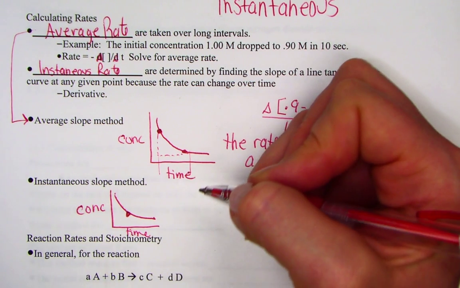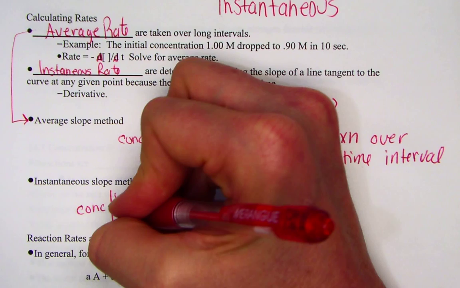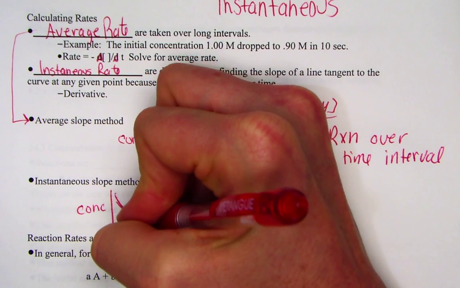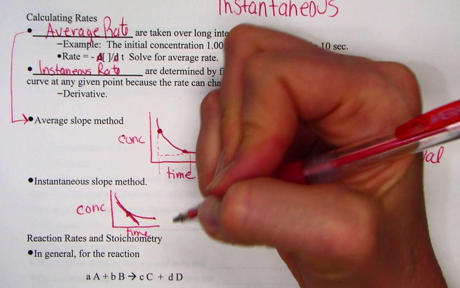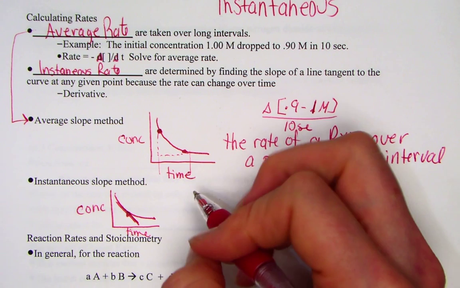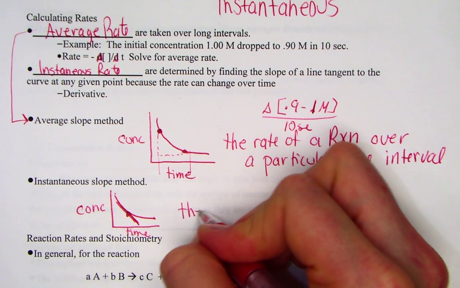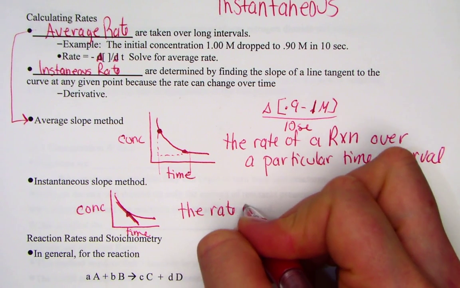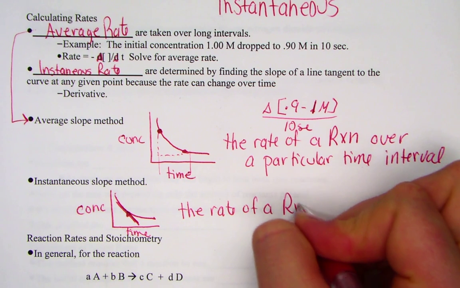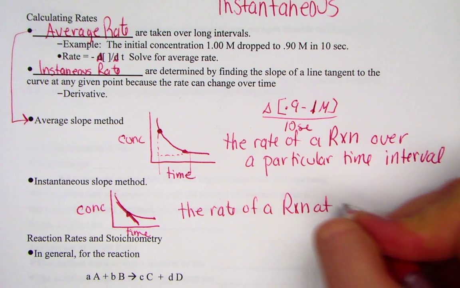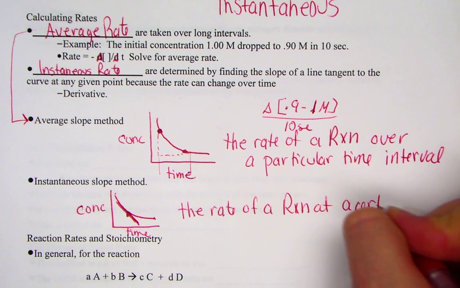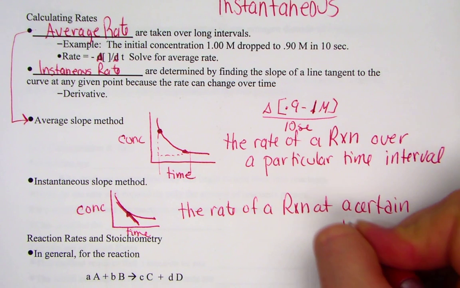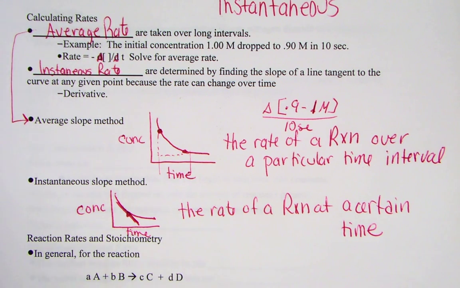How fast is it occurring? We do that by taking the tangent to that curve at that particular instant in time. So the rate of a reaction at a certain time is called an instantaneous slope method.